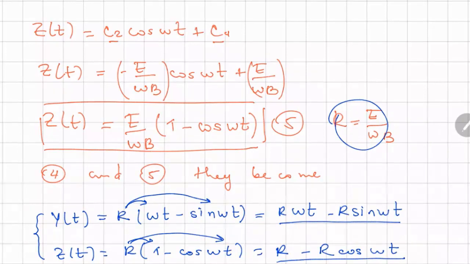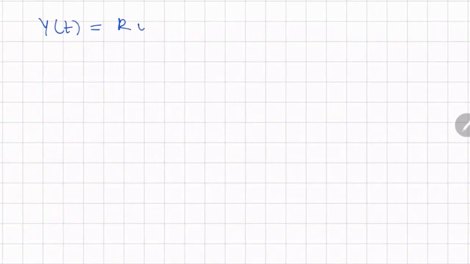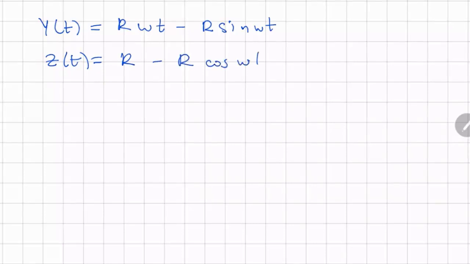Okay guys, so now what I'm going to do is this. Let's write the equations: we get y of t is equal to rwt minus r sine of wt, right? And z of t is equal to r minus r cosine of wt.